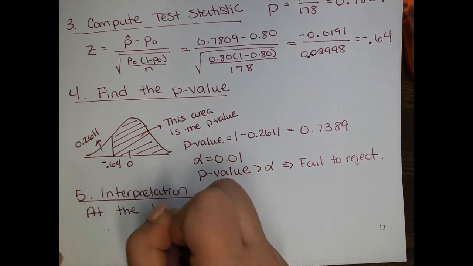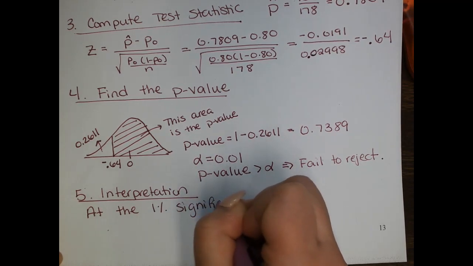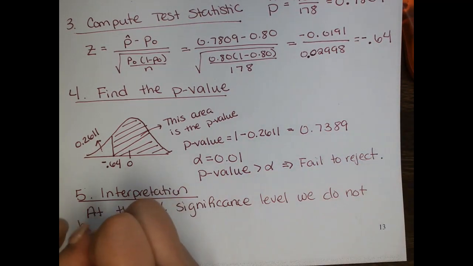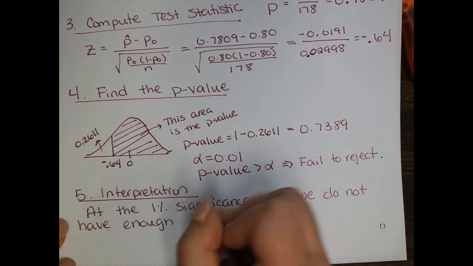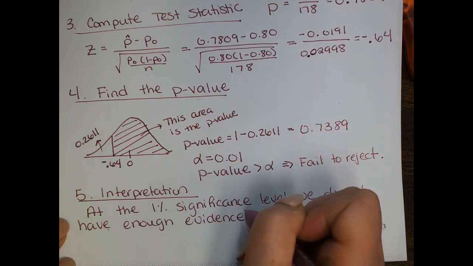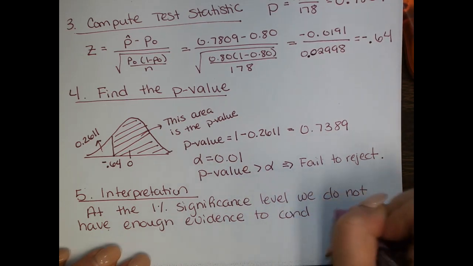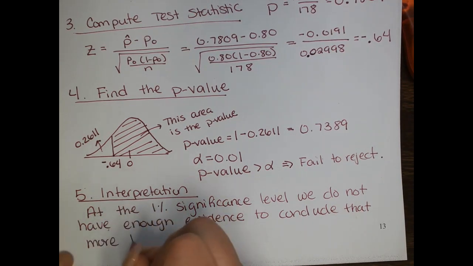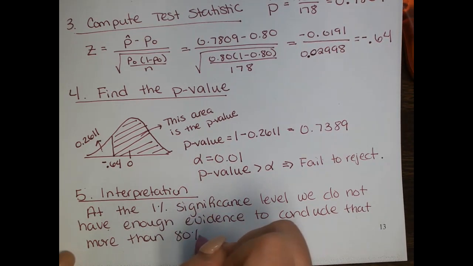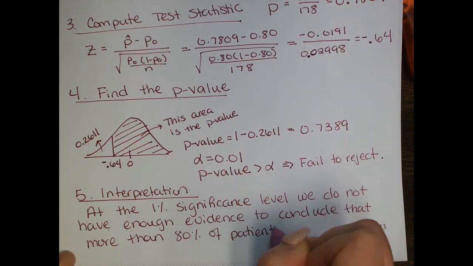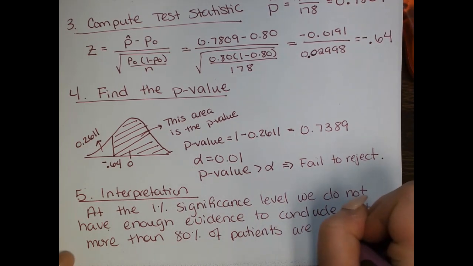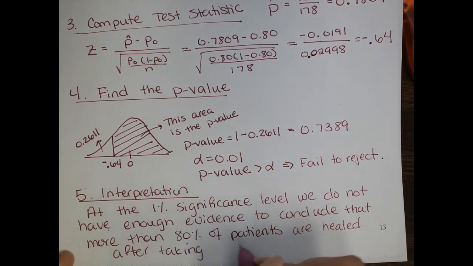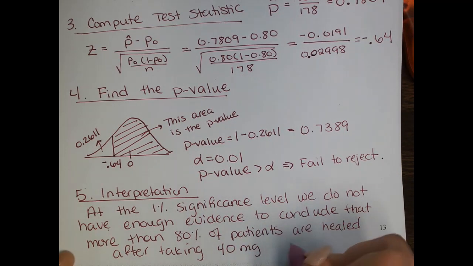At the 1% significance level, we do not have enough evidence to conclude that more than 80% of patients are healed after taking 40 milligrams of Pepcid.